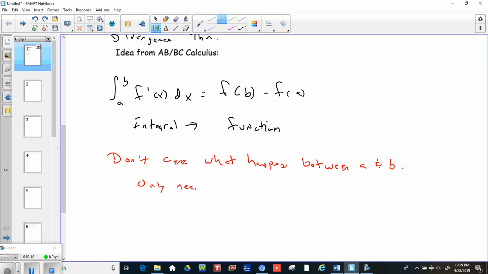We only need the endpoints of the boundary. Okay, and this concept actually follows through to everything else we're going to do.